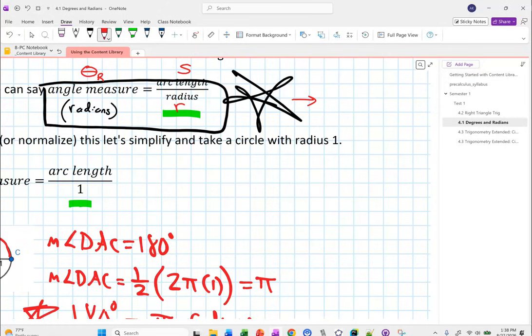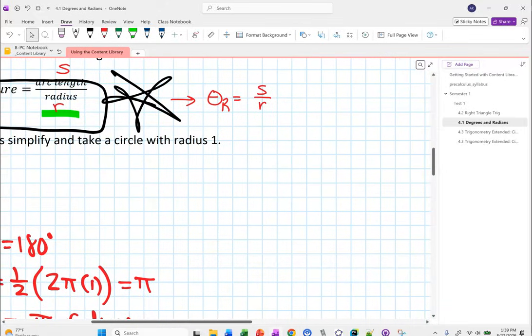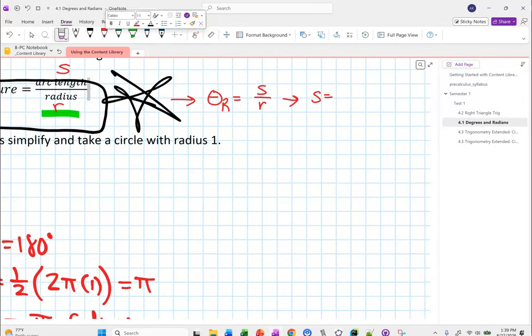So this formula I could write then as that. And most of us don't love fractions. So let's multiply both sides by R. Actually, let's write it in the opposite order. Be cleaner looking.